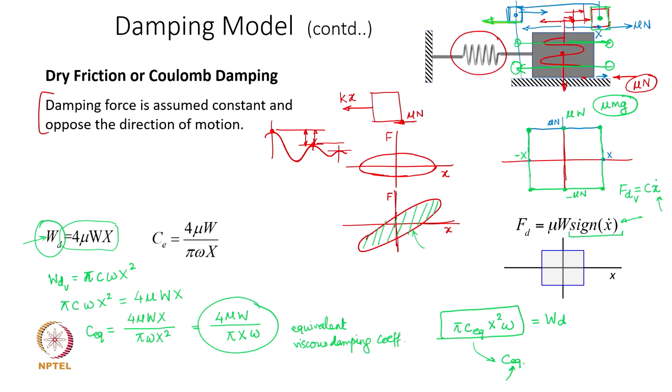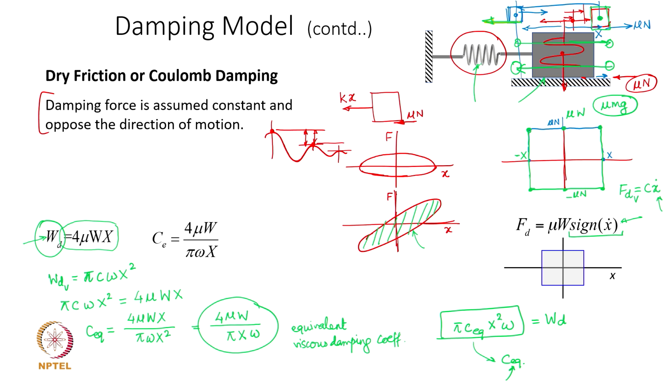Many times the damping can be a complex damping, contributed by different damping mechanisms at different components of a vibratory system. For example, there could be dry friction damping at the interface, but there could be structural damping in this case.